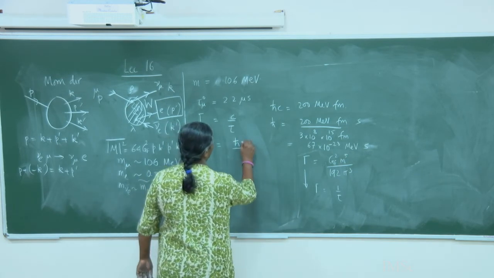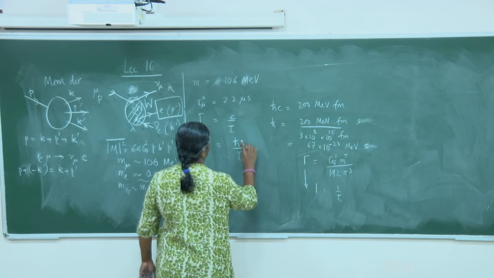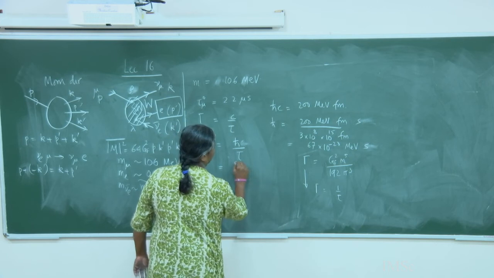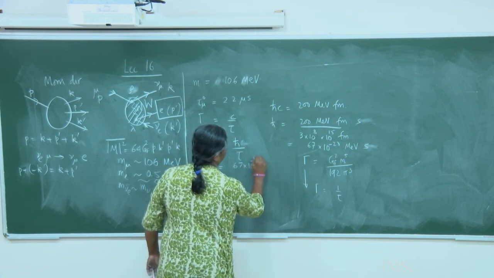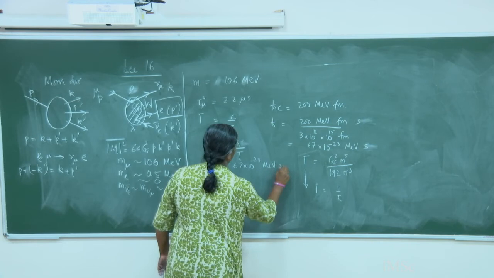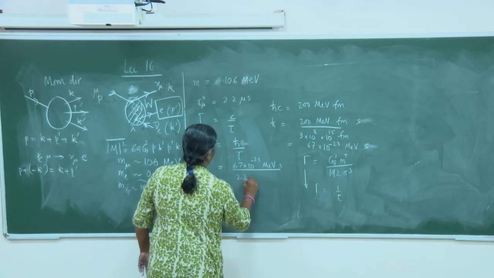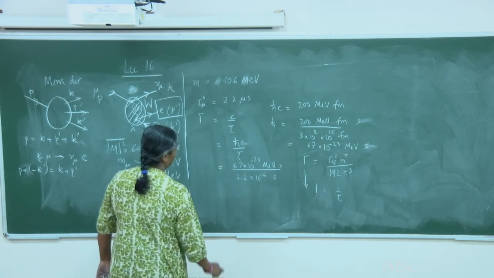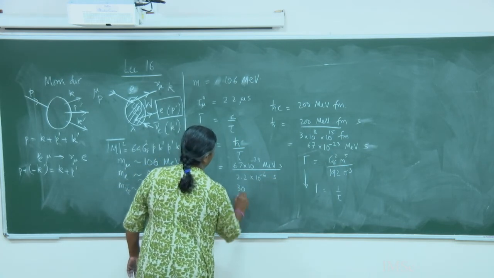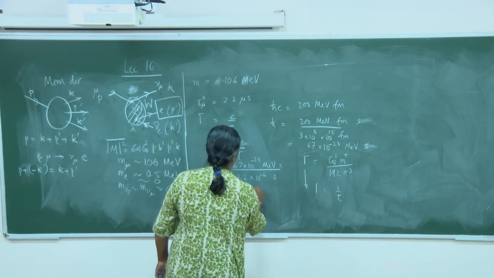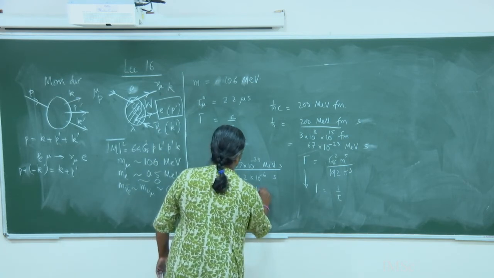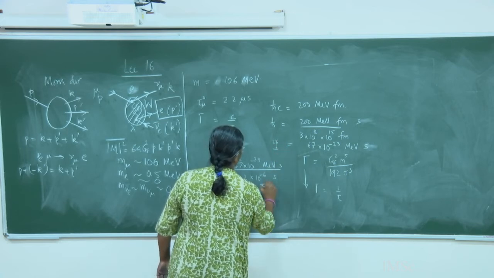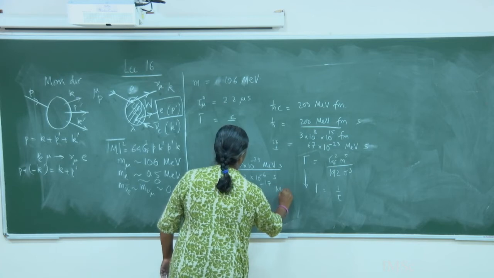So I can write this as h cross by tau, and then I write this as 67 into 10 power minus 23 MeV second by 2.2 into 10 power minus 6 seconds. So that is about 30. I am just doing round numbers now, into 10 power minus 23 minus 6 is 17 MeV.